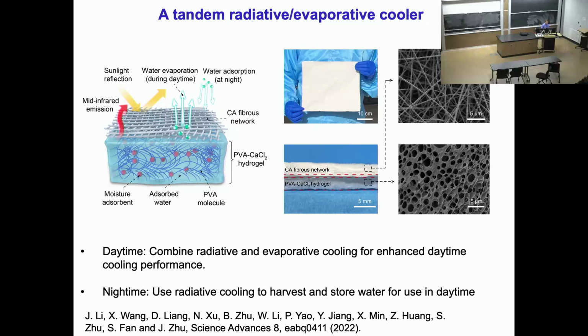The water will then get stored in a hydrogel structure underneath the cooler. Then during the daytime, both the water evaporation and also the radiative cooling, if the sky is clear, can function. So in doing so, one can combine these two cooling mechanisms to enhance the cooling power, but also to be operational over a wider range of weather conditions.